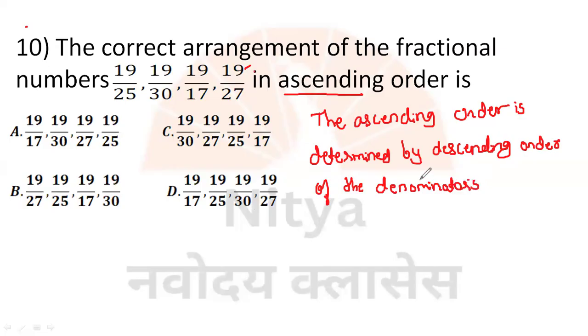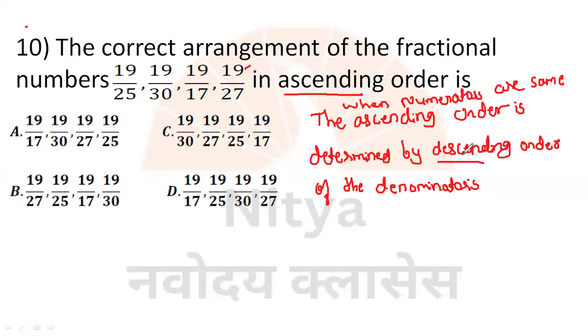You have to remember this: the ascending order is determined by the descending order of the denominators when the numerators are the same.